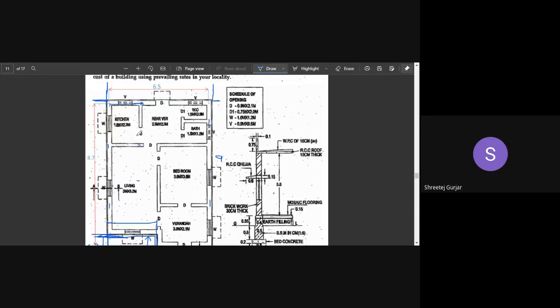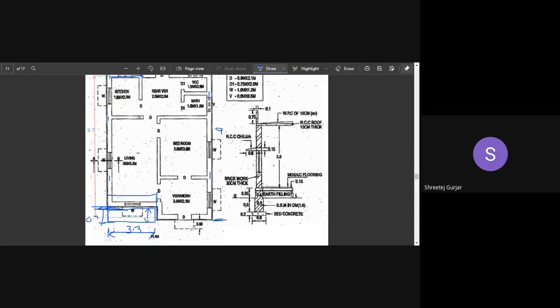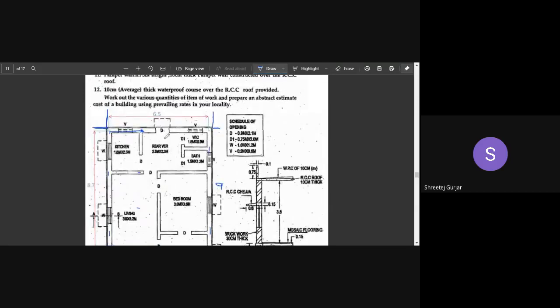No need to provide chhajja for your internal doors, common sense, right? So the door chhajja is shown here. Chhajja is provided for external doors. So they are 2 in number, one over here and one over here, and the door size you can see here is 0.2 and 2.1.